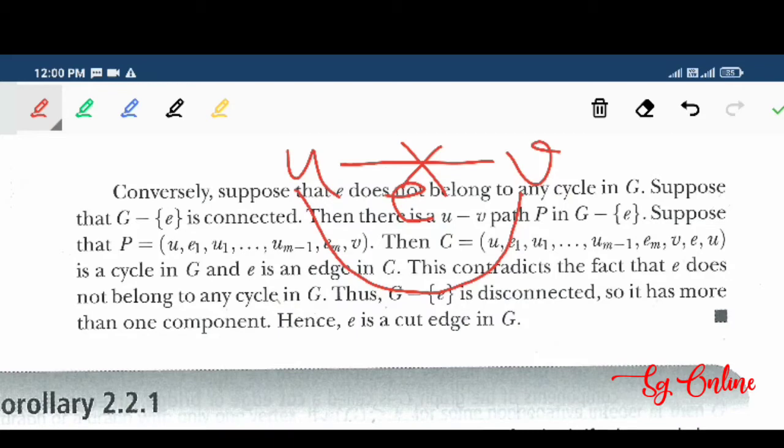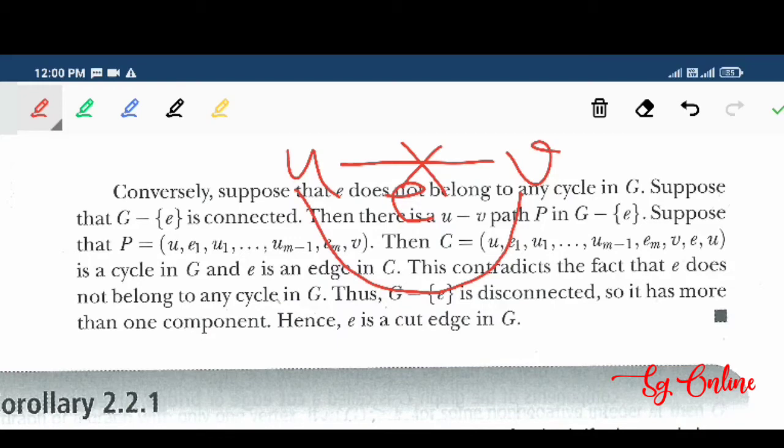And so it is a contradiction, because we have assumed E is not a part of any cycle. Here we see that after deletion of E, if the graph has to remain connected, then there should be a path from U to V avoiding E, and this path has no edge common with E. So in the original graph, clearly this forms a cycle with the edge E, and that contradicts that E is not a part of a cycle. And that proves that if E is not a part of a cycle, it must be a cut edge or a bridge.